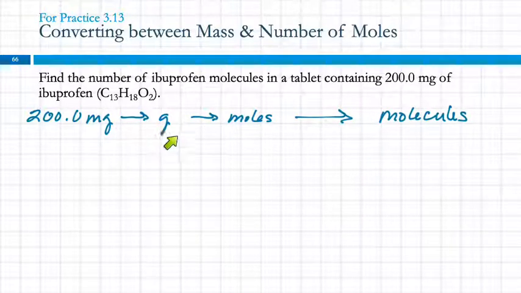Grams to moles is the molar mass. Moles to molecules is Avogadro's number. Moles to atoms, moles to ions, moles to fish, moles to sandwiches, whatever. It's things, right? So if it's a molecule or an atom, it's still Avogadro's number. Like a dozen peanuts is the same number as a dozen donuts. It's 12 things. So there's my path.